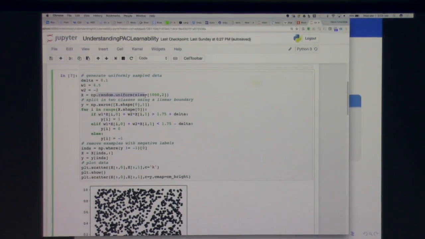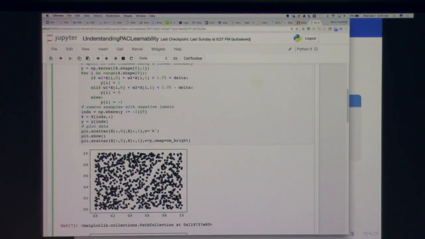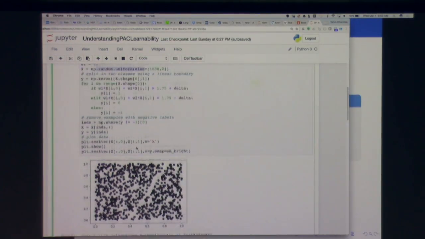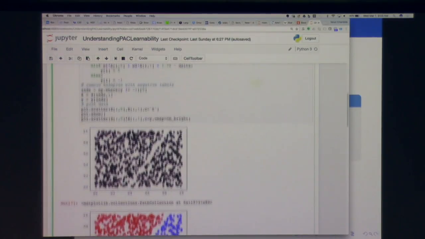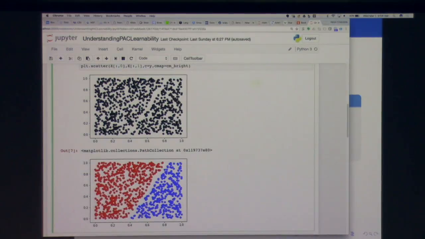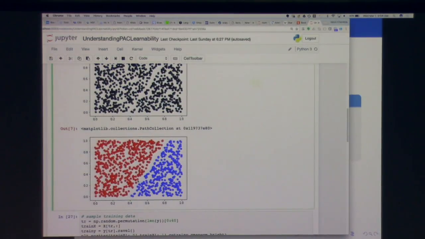So our data is in this two-dimensional space, and let's say our hypothesis space is all lines. So we'll pick any line, and you can look at the code to see how I use a line, but the idea is that we draw a line and then we split our data into two parts.